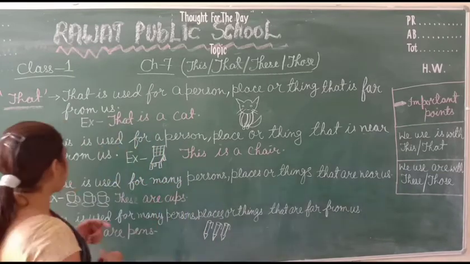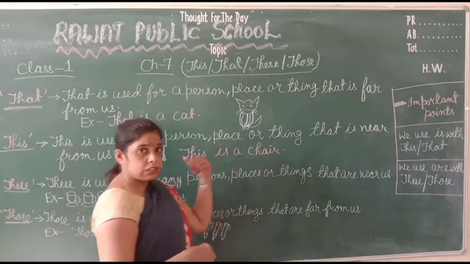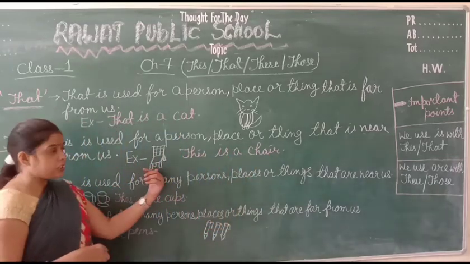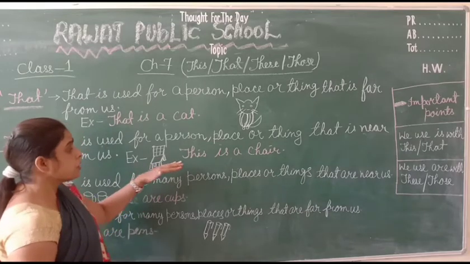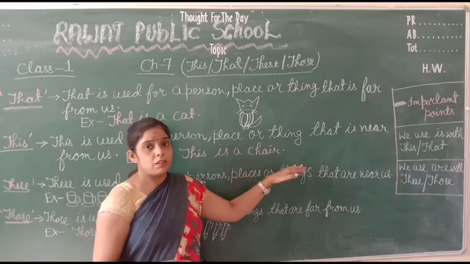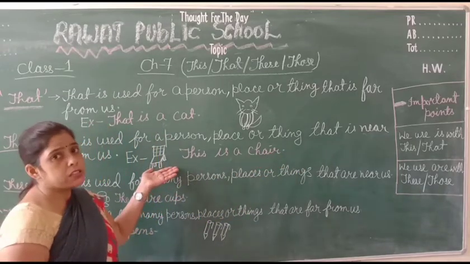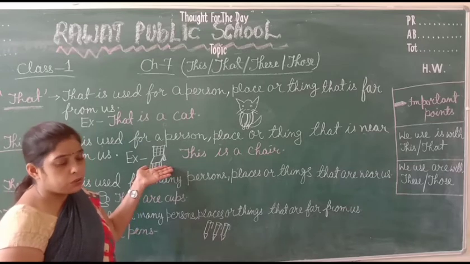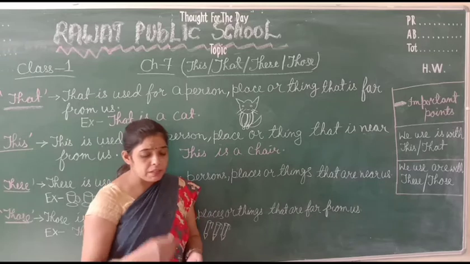For example, chair. This is a chair. What is the chair's position? The chair is near. Chair जो है बिल्कुल नजदीक है. So we will use this for the chair. Why? Because it is near, क्योंकि नजदीक है.